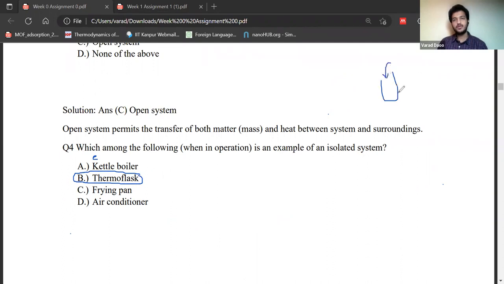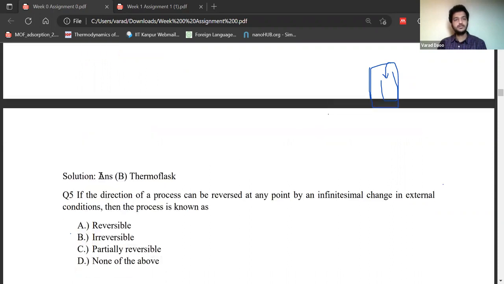We put in hot water and it stays hot for a large amount of time, right? That means energy transfer is 0. Even if you don't know the concept, you should be able to answer it, right? Energy loss is 0, and so is the mass loss. So the correct answer is thermoplast, right?